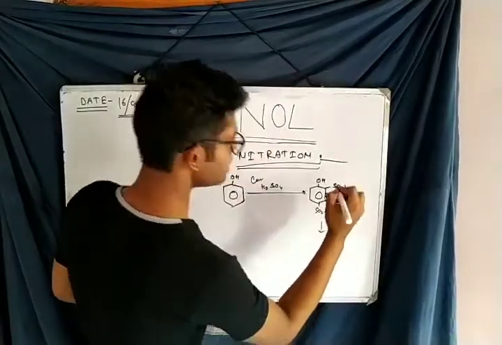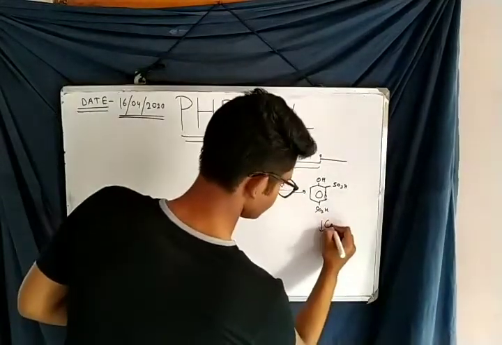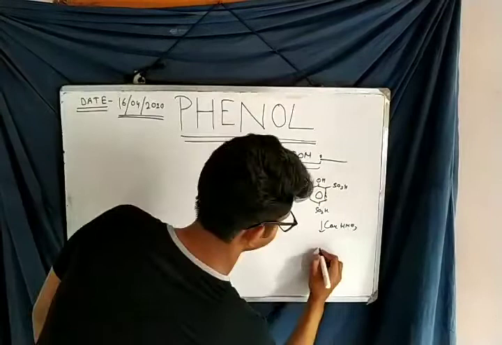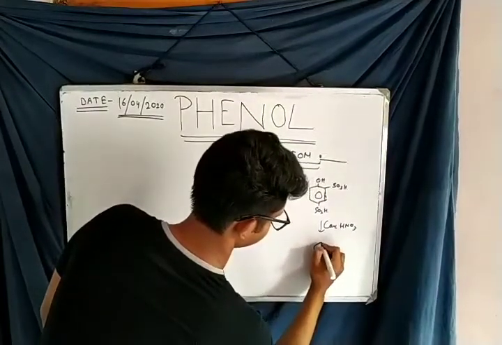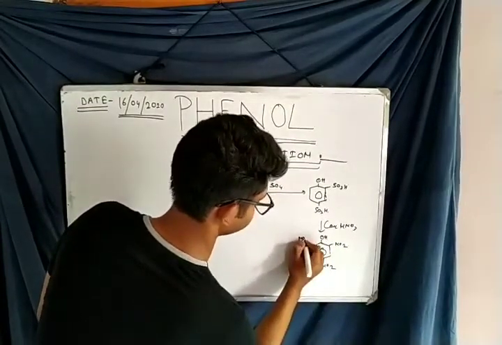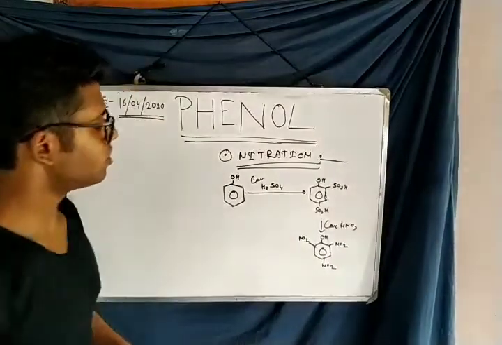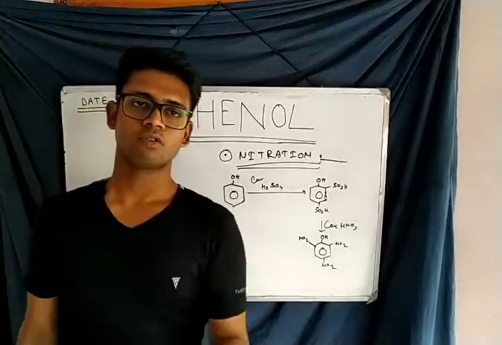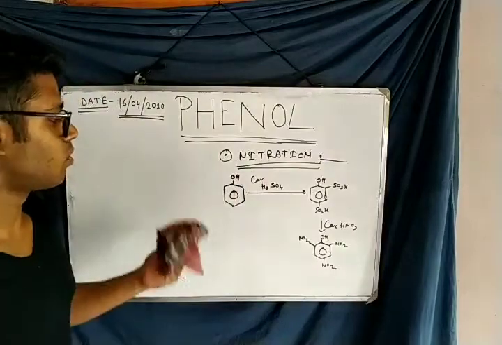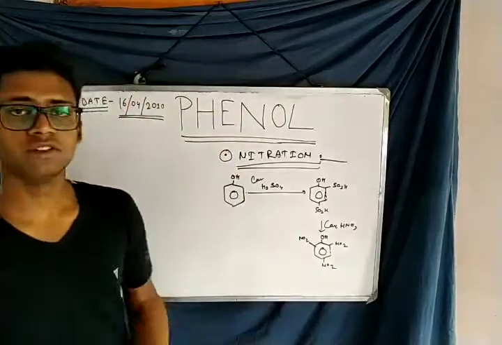If we react this with concentrated HNO3, it gives us picric acid also: OH, NO2, NO2, NO2. So this is the modern process. It requires a very small cost, whereas in the previous direct process with concentrated HNO3 a higher cost is required.